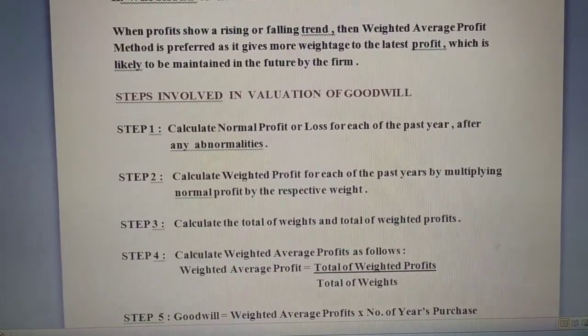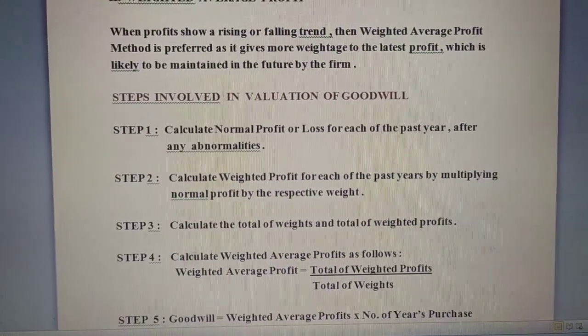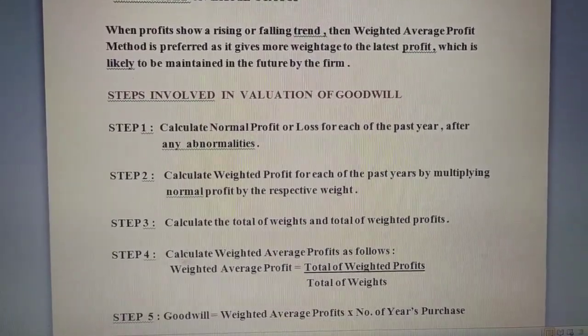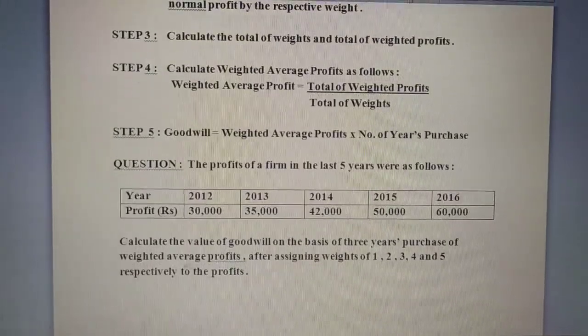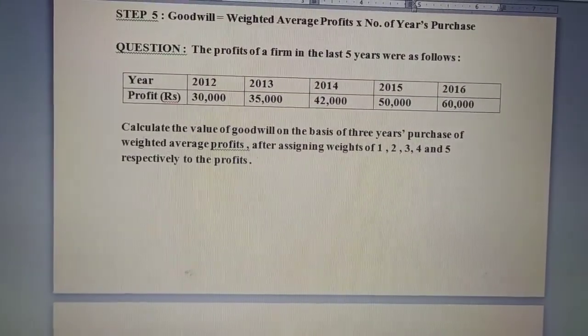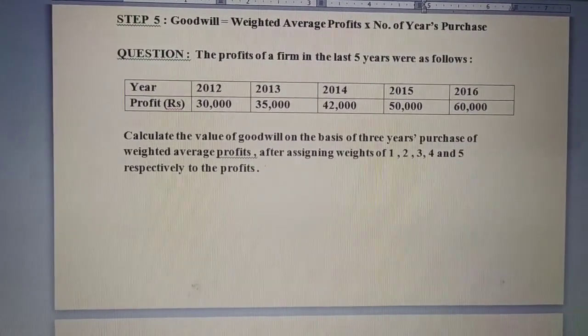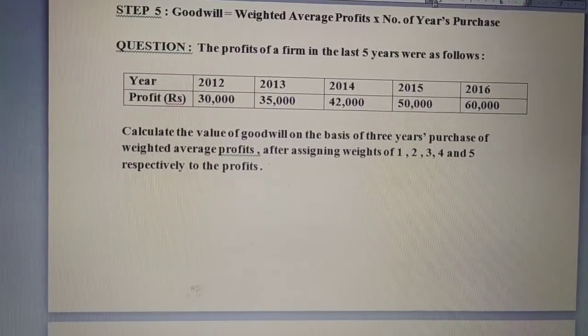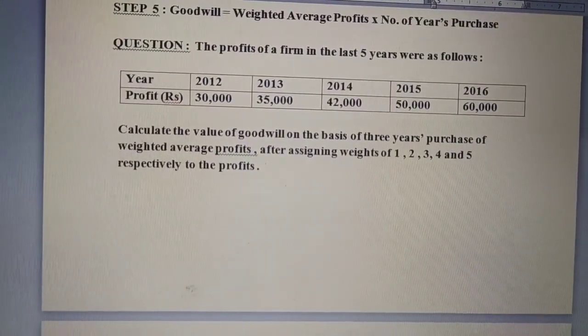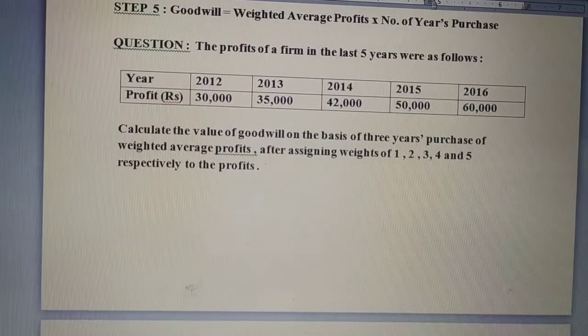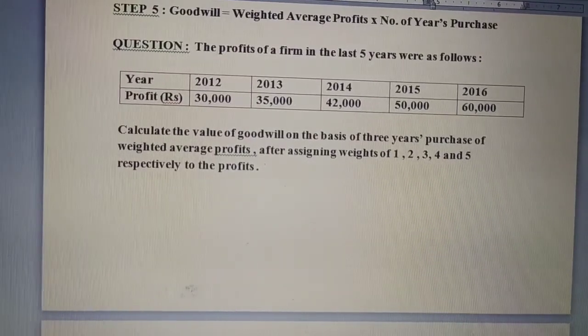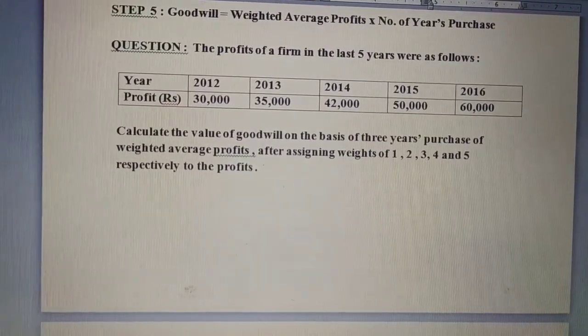So students, let's make it clearer with the help of one question. Here is the question. The profits of a firm in the last 5 years were as follows. Here we have 2012, 13, 14, 15 and 2016.